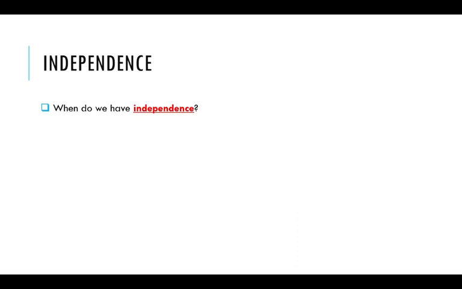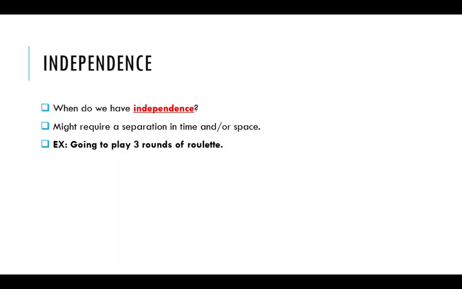So when do we have independence? Let's get our brain around this because this is what we're going to work with first, this assumption. Well, to have independence, it might require separation in time or in space. For example, let's say we're going to play 3 rounds of roulette. What happens in the first round, do we agree, does not impact the second round, right?